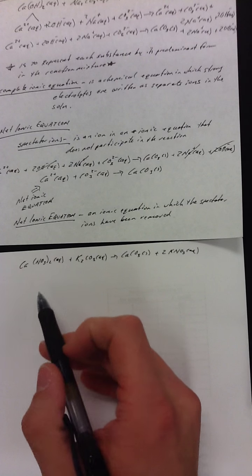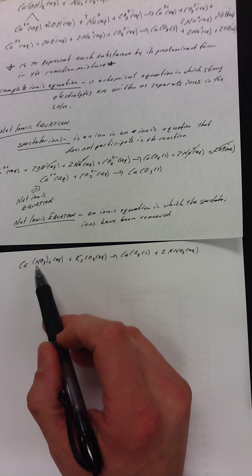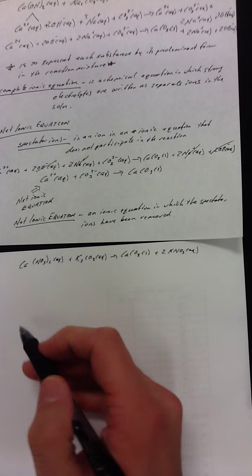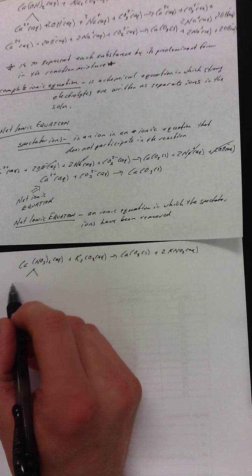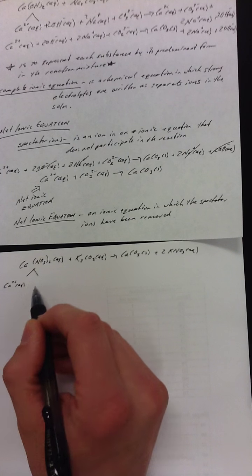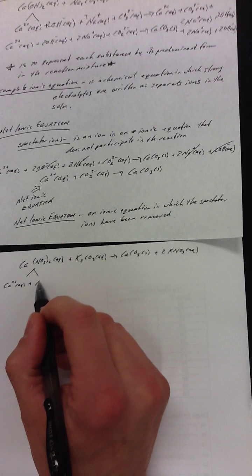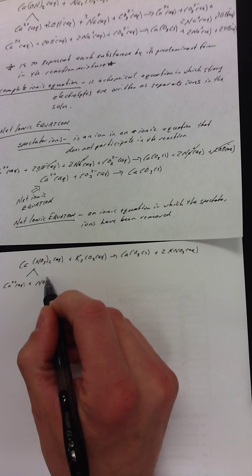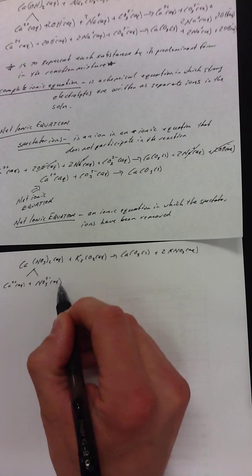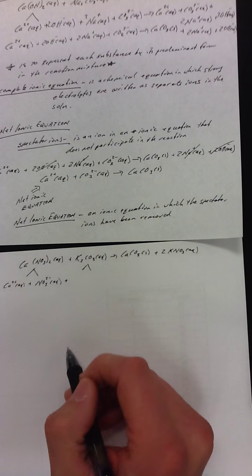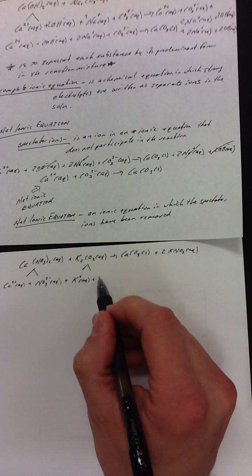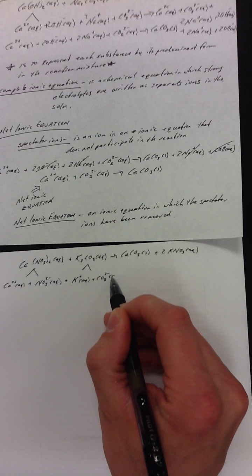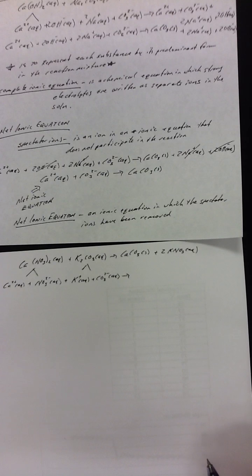So again, we said, okay, according to our solubility rules, these will dissociate completely in solution. So we'll go ahead and write our little tree here. We'll have calcium ions, Ca2+, in solution, so aqueous, plus NO3-, which is aqueous, plus, we're going to break this one up again, potassium, which is aqueous, and carbonate, CO3 2-, which is aqueous, yields.